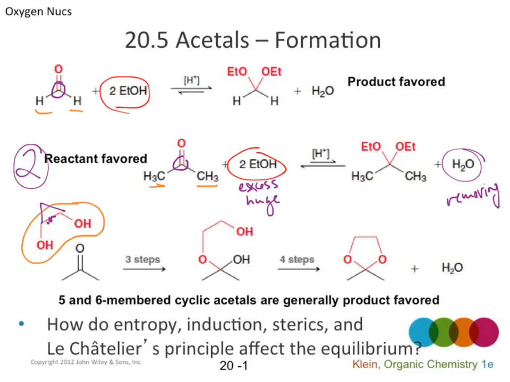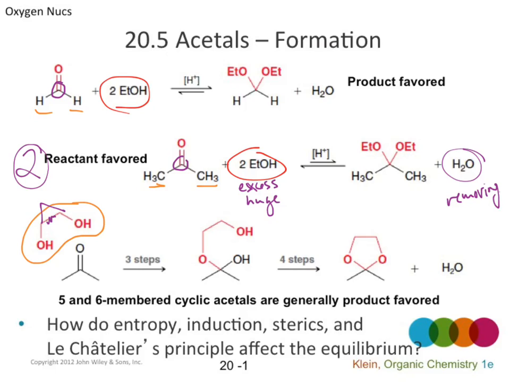What happens if we add another carbon? What happens to the stability of rings when you go beyond six? It starts to decrease. So we really hit this sweet spot with five- or six-membered rings, which means when we're looking at our diols in an individual reaction, we're really only looking at two possibilities.